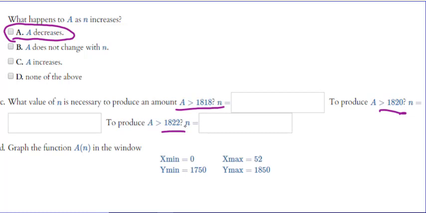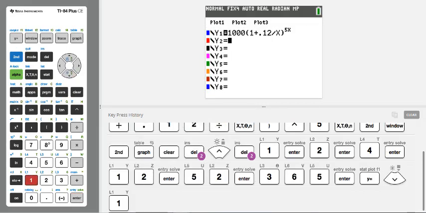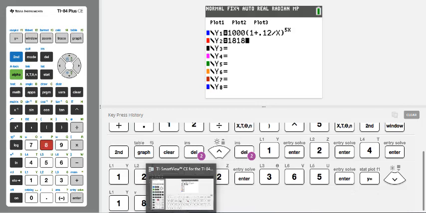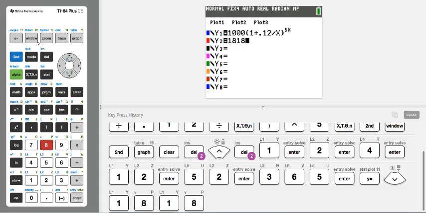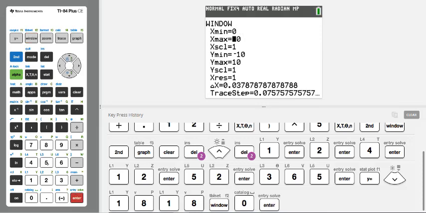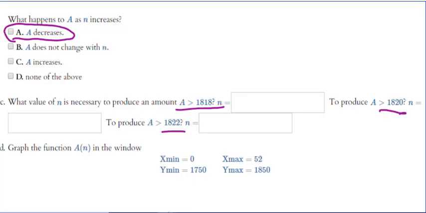So I'm going to set my first thing up, 1818. Then I need to look at some window limits. They say 0 to 52. So Xmin 0, Xmax 52, and let's step by 4, so every tick mark is 4. Then Ymin 1750 and Ymax 1850.